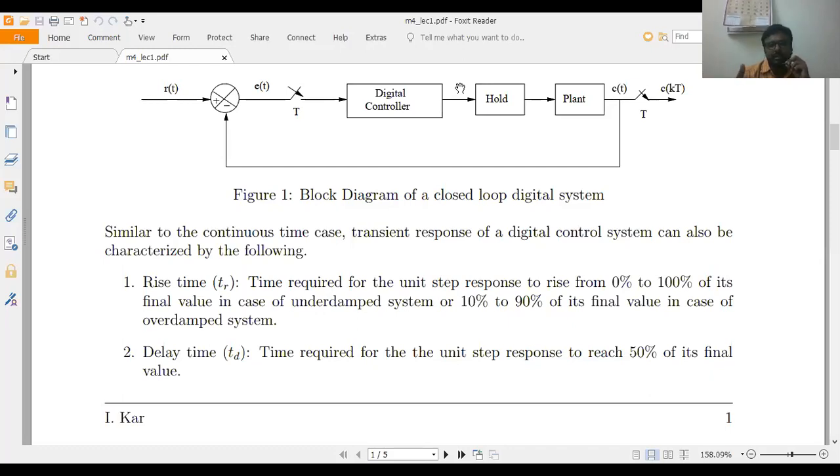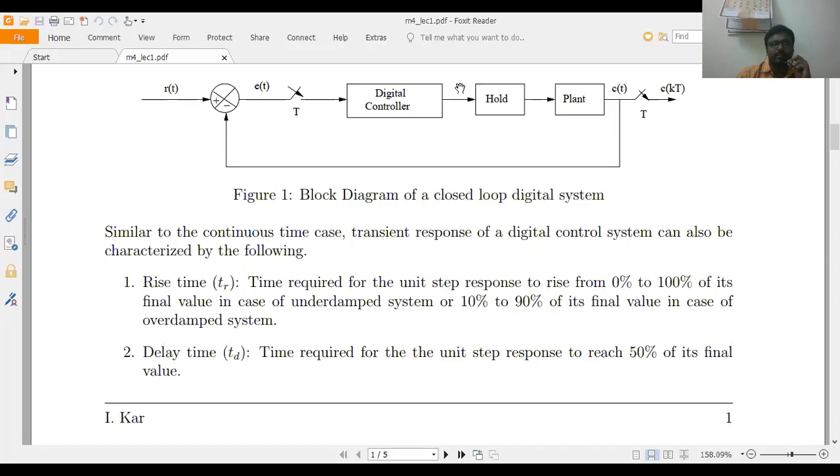So while talking about the underdamped system, rise time is defined as the time required for a unit step response to rise from 0% to 100% of its final value.